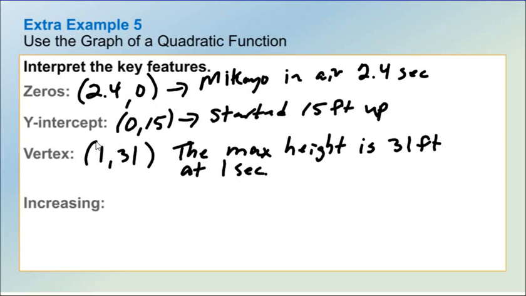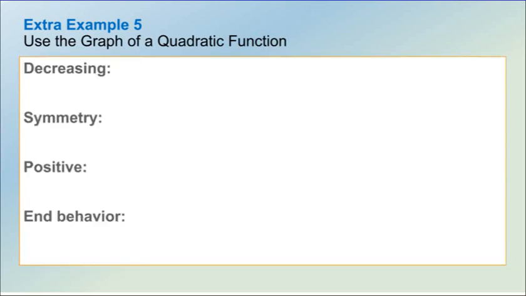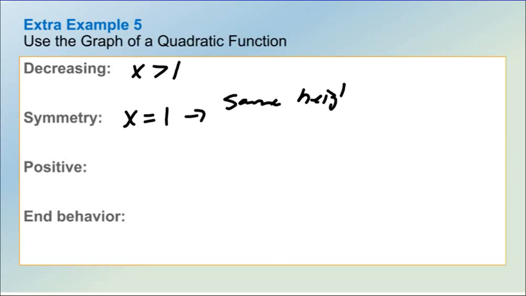And then increasing when x is less than 1, decreasing when x is greater than 1. Symmetry when x is 1, so that just means the same height before and after 1 second.